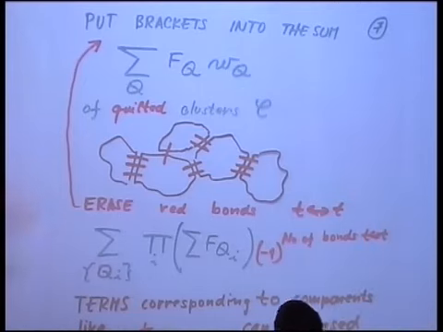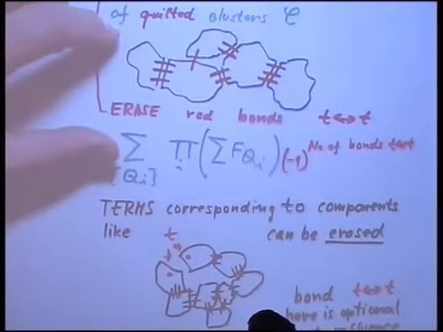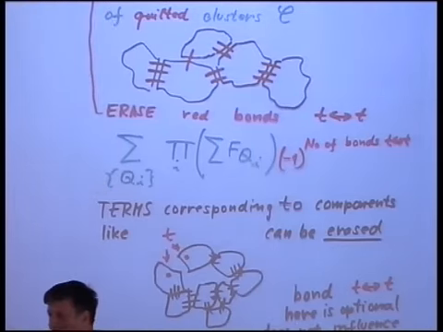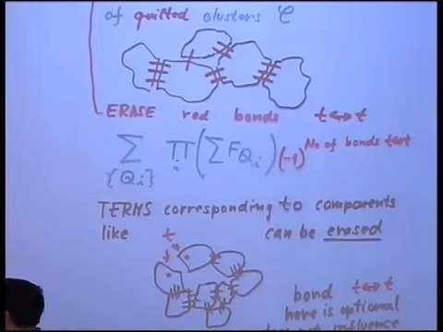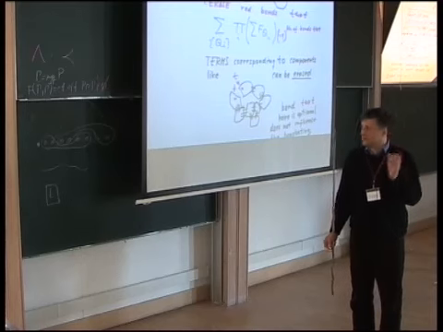Take an ordering of your lattice. Take the chief point, the smallest point of your lattice, and look at the structure of your quilted clusters.